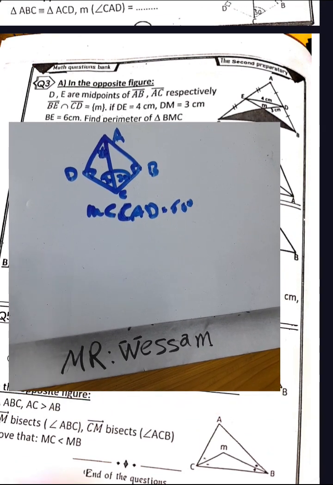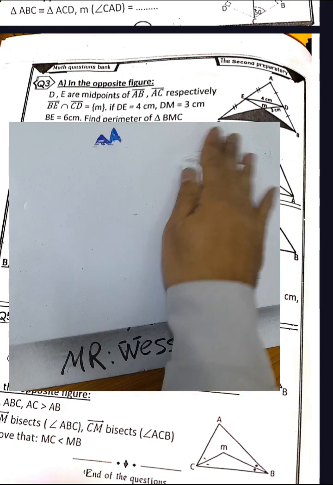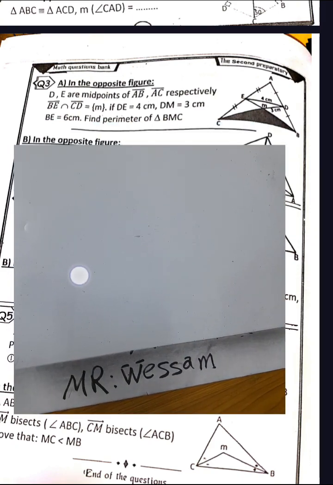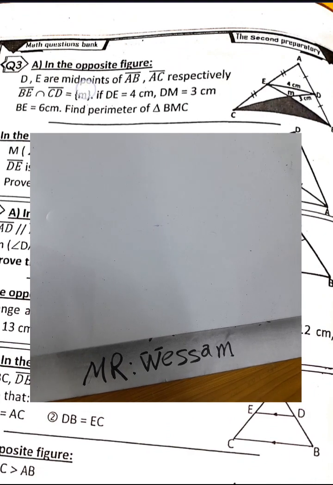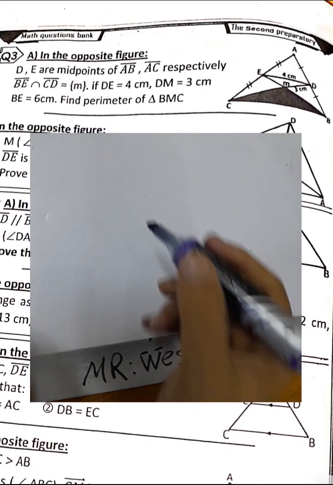About this example, find the perimeter. Question number 3, find the perimeter of triangle BMC. Okay, I will draw this triangle first.